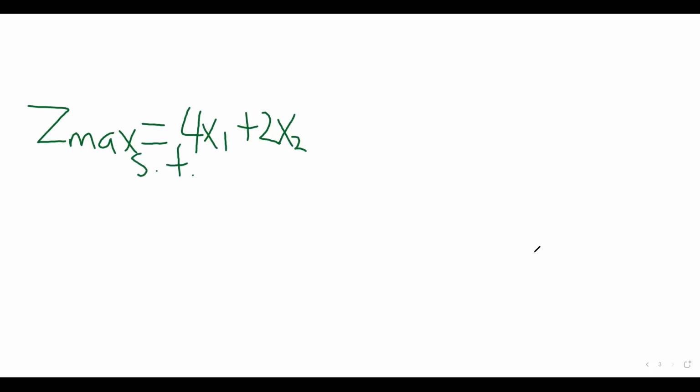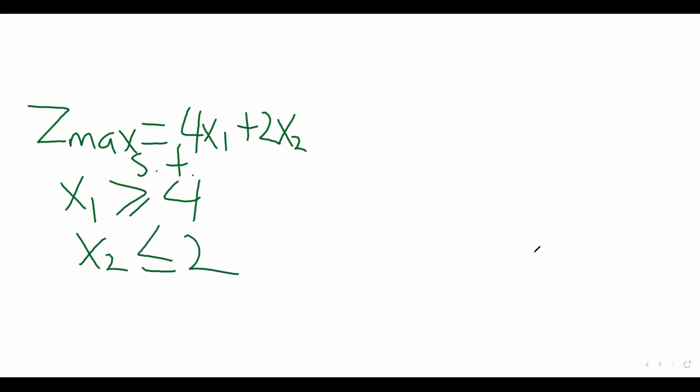The first constraint is that x1 is greater or equal to 4. The second constraint is that x2 is less or equal to 2. And then you have your non-negativity constraint.